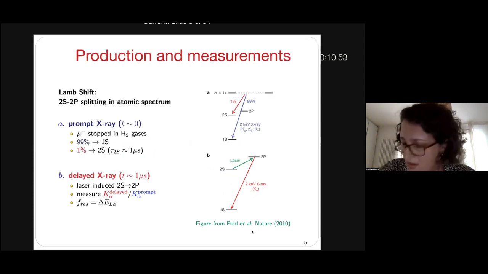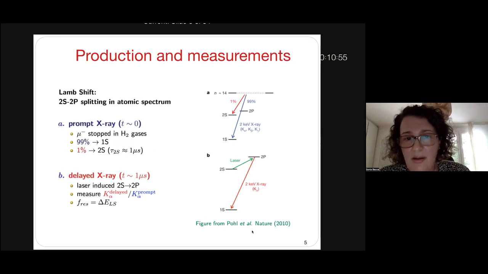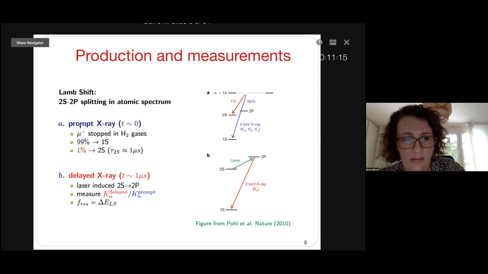Now, a few words on how these systems are experimentally investigated. That's not what I'm doing, but my colleagues are doing that. This figure was given to me by Randolf Pohl, who is one of the main persons in the CREMA collaboration. These experiments are done, for example, at PSI, where they've got a muon beam.